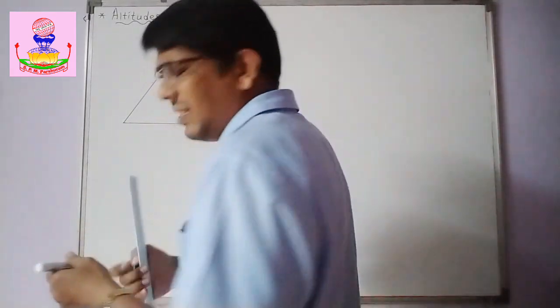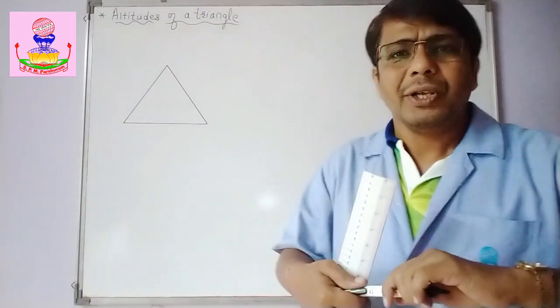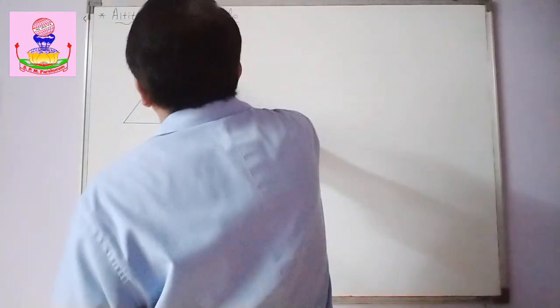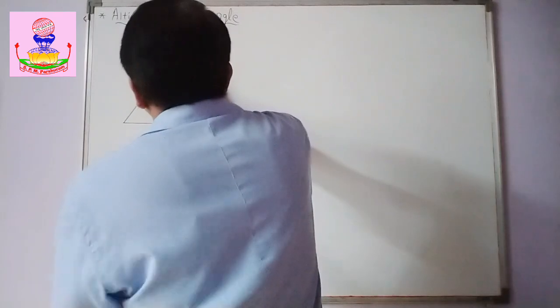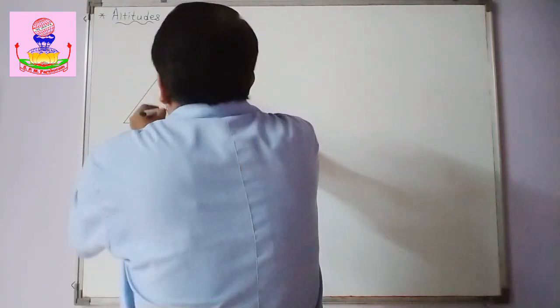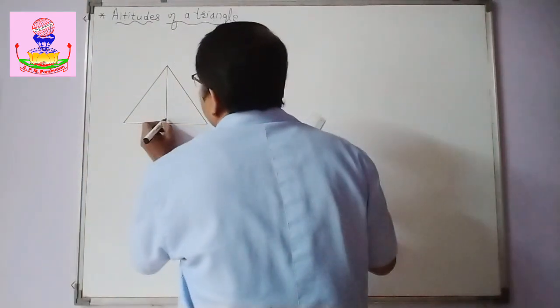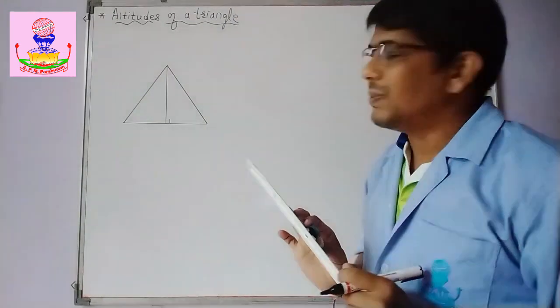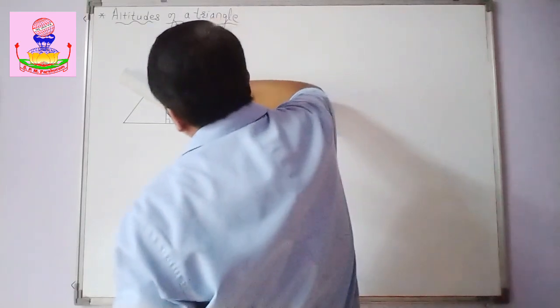Okay, so first I am drawing the altitude here. Now these are approximate, no doubt about it. You can use the set square to get the exact altitude. It should look perpendicular. Do you get it? Okay, so this is the first altitude.